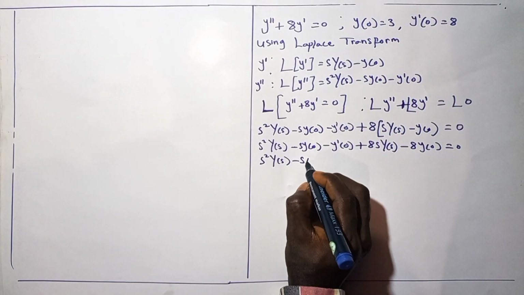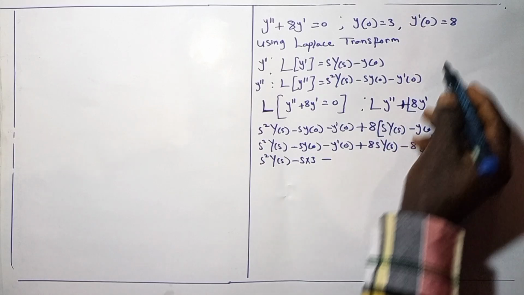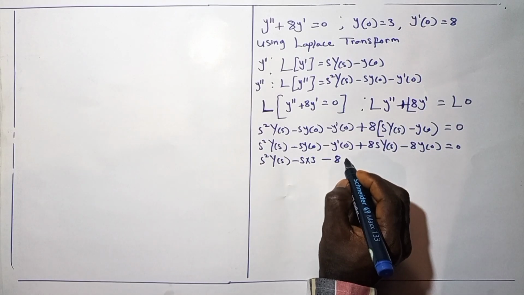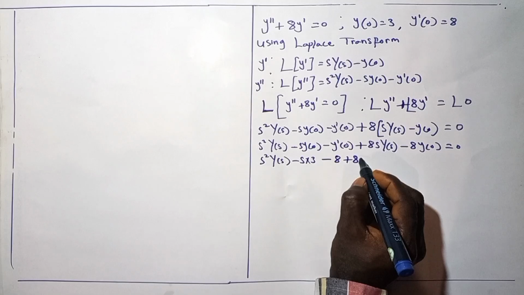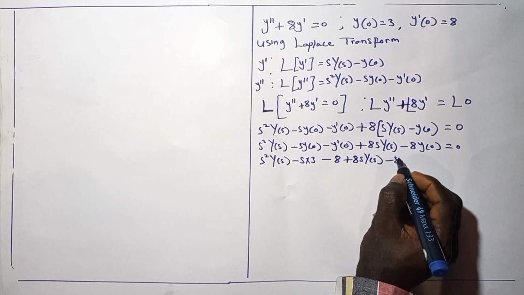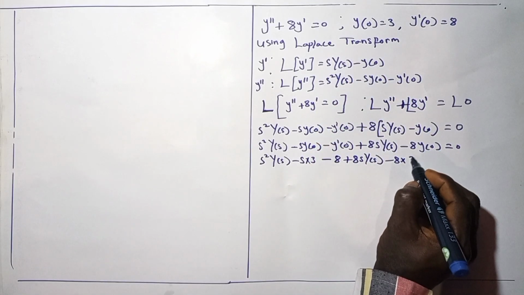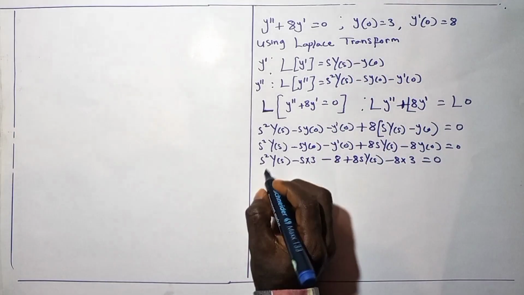So s times 3, minus y prime of 0, which is 8, then plus 8s Y of s minus 8 times y of 0, which is 3, is equal to 0.